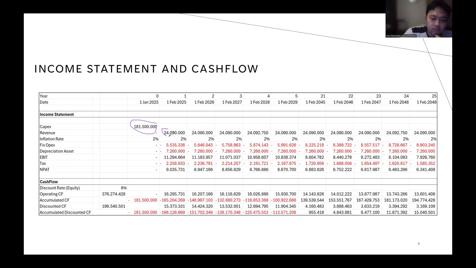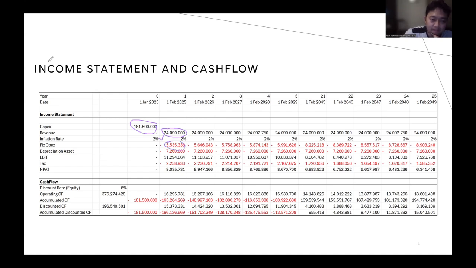at 24.09 million dollars per year. And then we have an inflation rate of 2%, adjusting the fixed OPEX.